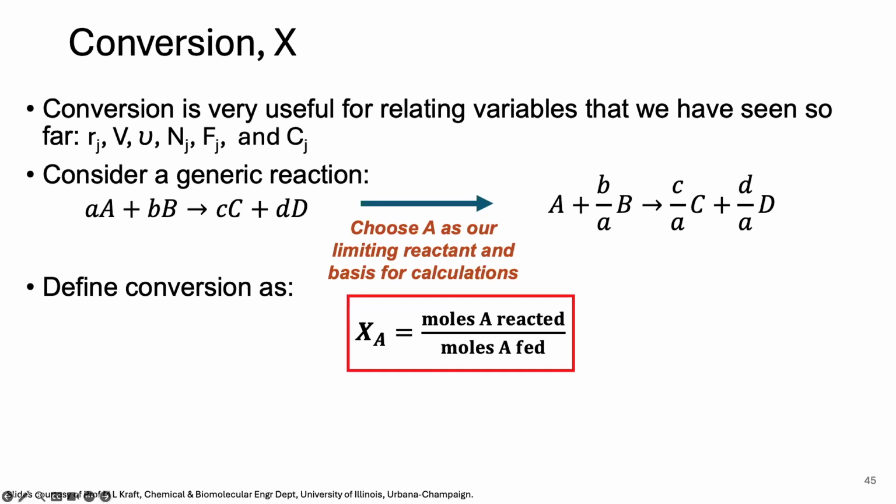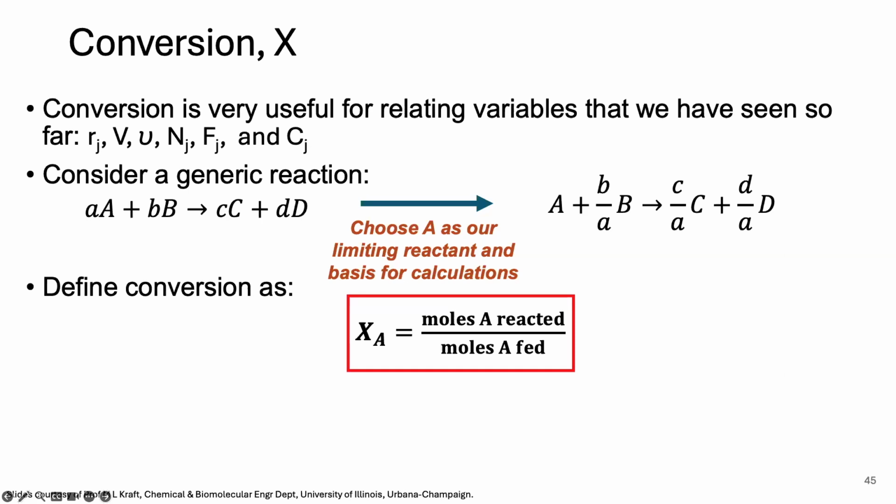So to aid in this, normally we would take our balanced relationship and normalize our stoichiometric coefficients with respect to our limiting reactant, such that its coefficient is 1. So if you look at the generic reaction that's shown, if A is our limiting reactant, we divide by lowercase a, our stoichiometric coefficient for A, and then that normalizes each of our other coefficients.